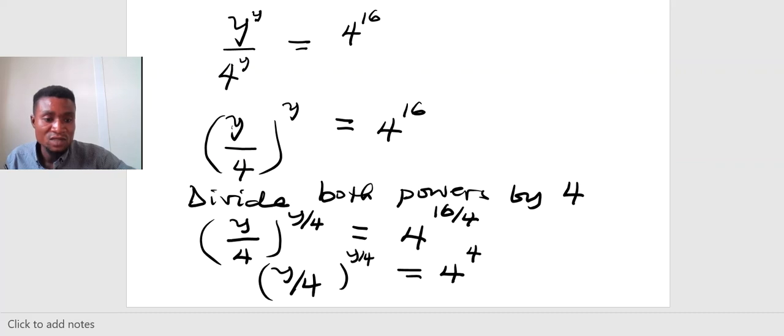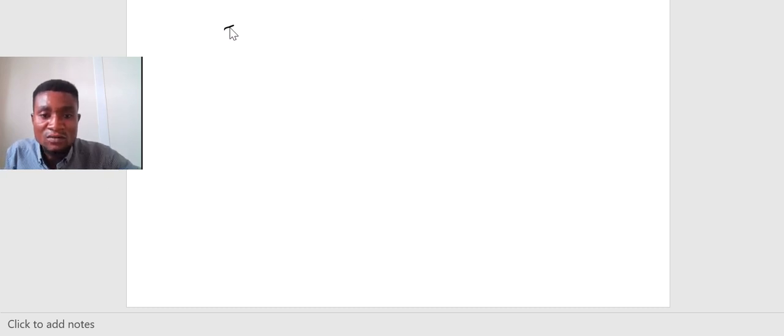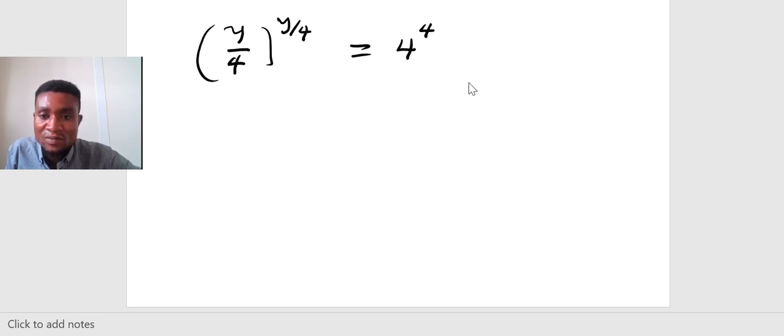Now let's move to the next slide and see. Here we have y divided by 4 raised to the power of y divided by 4 equal to 4 raised to the power of 4.